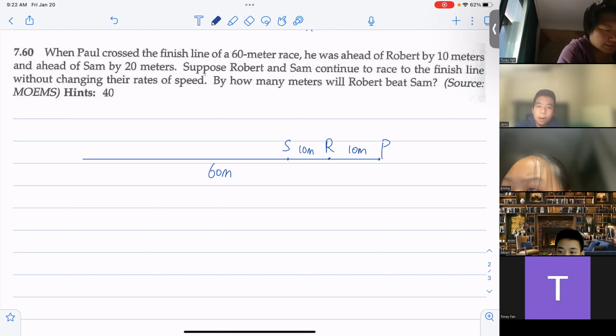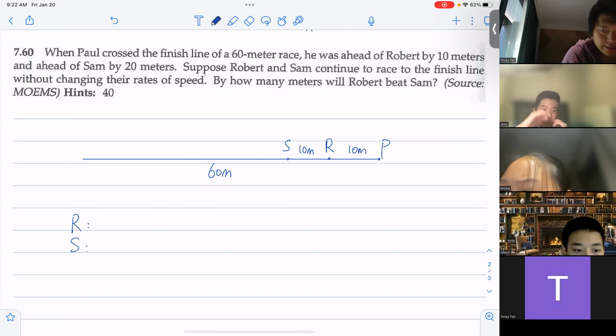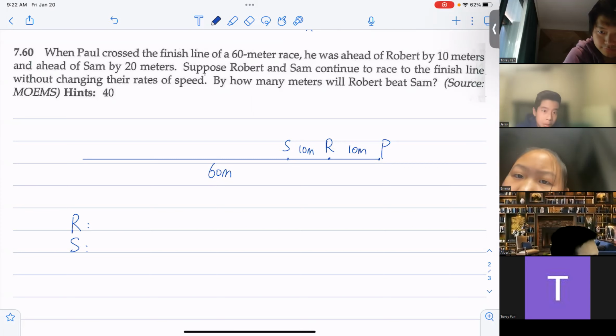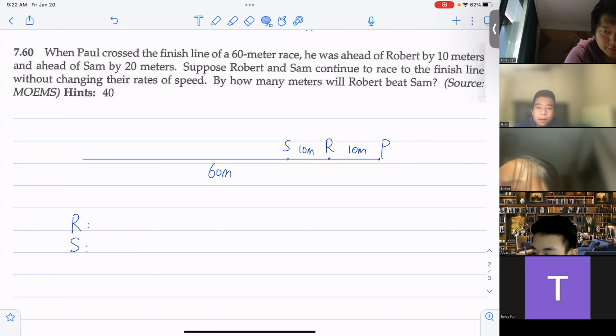Okay, so let's list this down. When Paul finished the race, how many meters has Robert finished? How many meters has Sam finished? It's from the diagram. Anyone? When Paul finished, Robert is 10 meters behind, right?